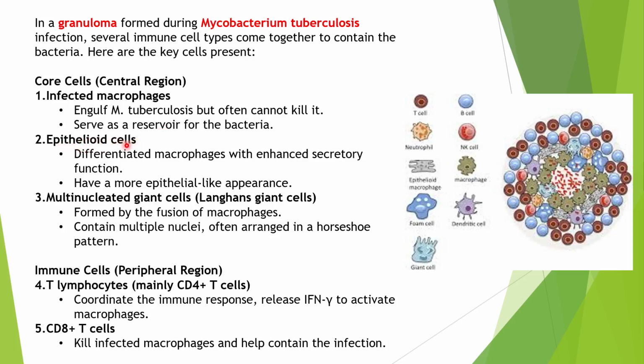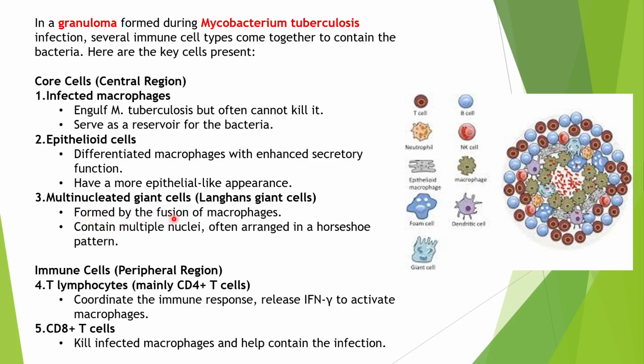Then epithelioid cells. So differentiated macrophages with enhanced secretory functions. So these are also differentiated macrophages with secretory function and they have more epithelial-like appearance. Then also multinucleated giant cells. You can see here multinucleated giant cells, the Langhans giant cells.